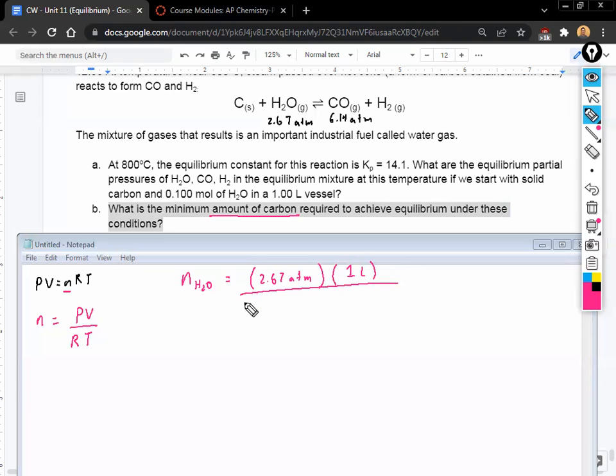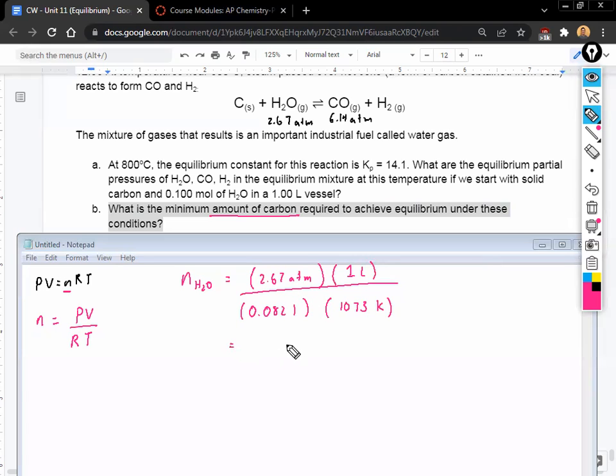Next, we're going to put in the R value, which is 0.0821. And then for the temperature, sorry, what was the temperature again? 1073 Kelvin. Okay. So what we're going to do now is calculate this out.